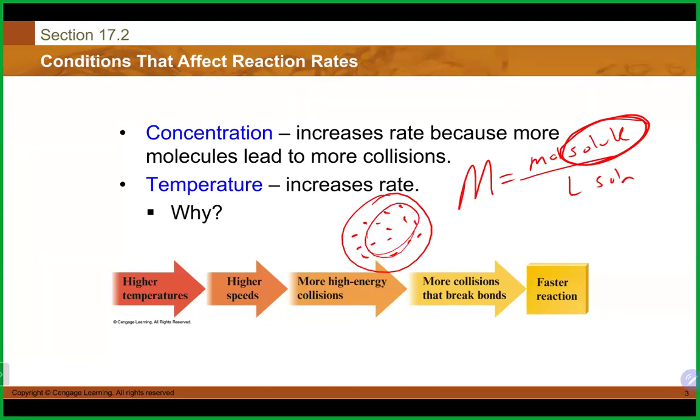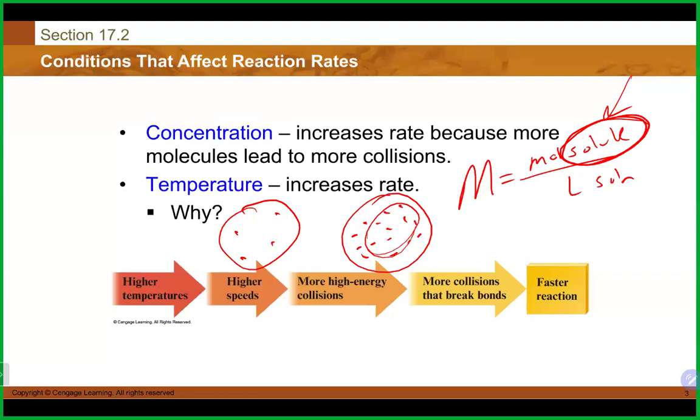And it's not going to take very long for those guys to come in contact with each other and start a reaction. The same is true if we had a lower concentration. You typically would see a lower amount of solute, which means maybe they're pretty sparse, and it's going to take longer for everybody to find each other. It's going to take longer for a reaction to occur because they're not going to be bumping into each other right away. They have to float around for a while until they find somebody to react with. Or if it's a gas, they have to fly around for a little bit until they find somebody to react with.